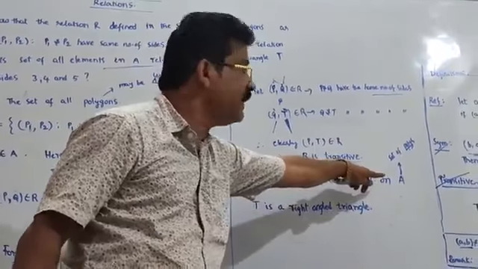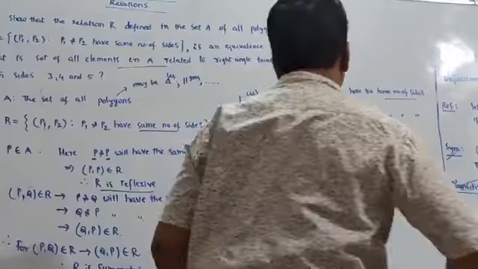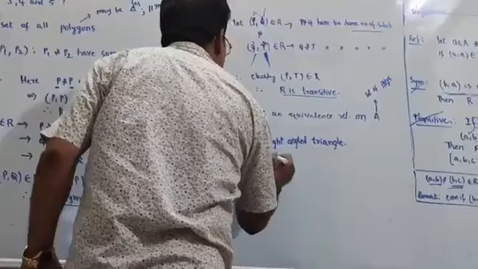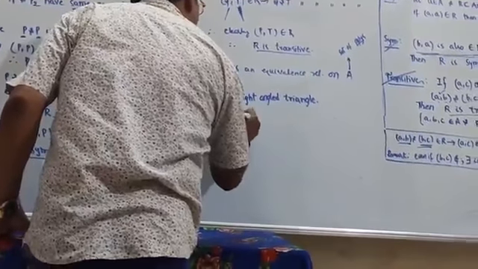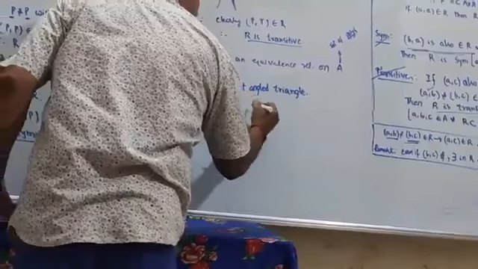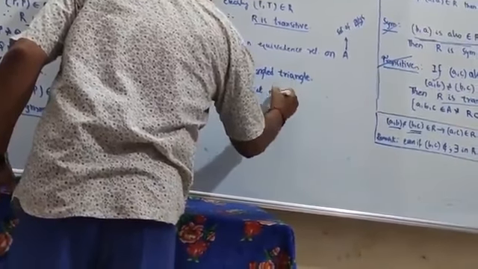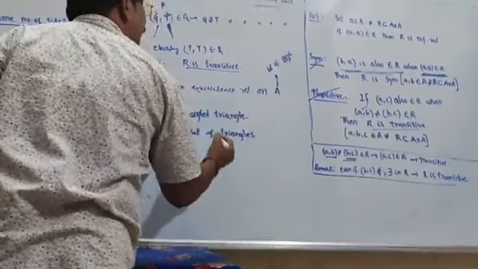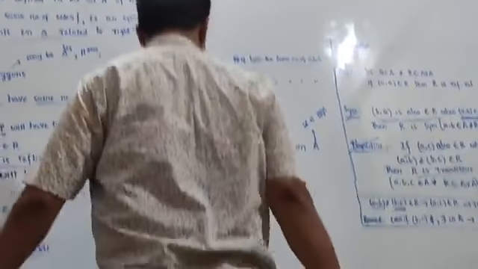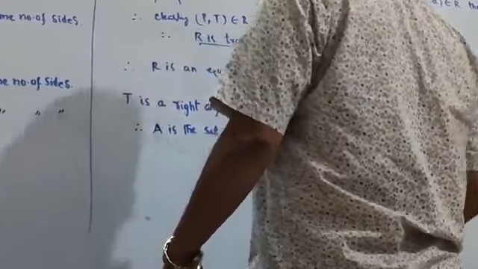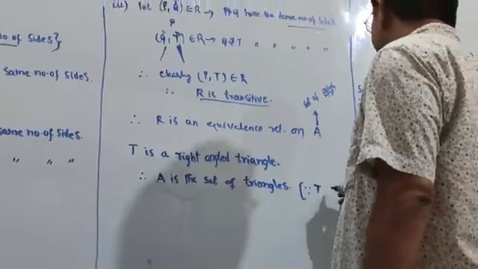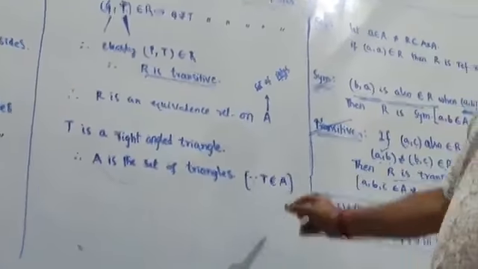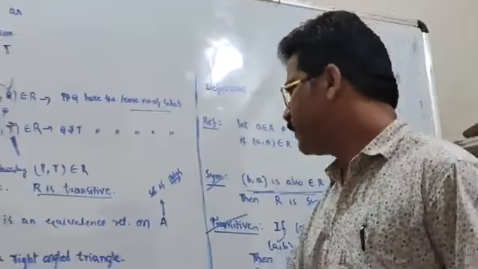Definitely capital A will be the set of triangles. Since capital T belongs to capital A, or we can say that capital T is a subset, hence the problem.